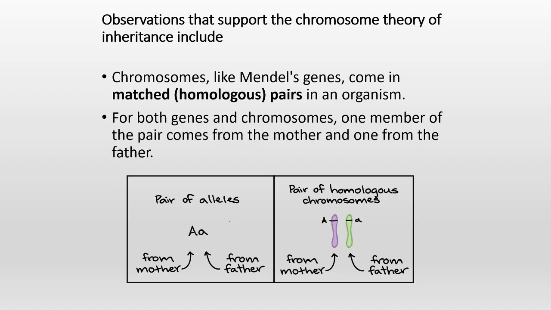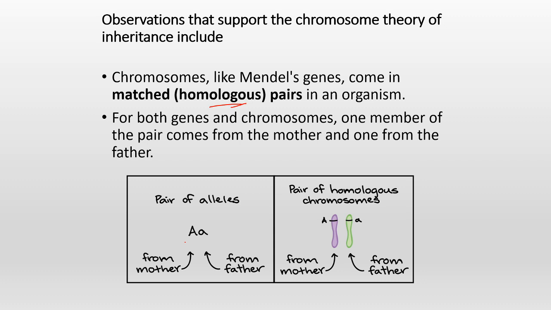So what is the conclusion? The conclusion is that the chromosomes, like Mendel's genes, come in matched pairs in an organism, that is homologous pairs in an organism. And for both the genes and the chromosomes, one member of the pair comes from the mother and another from the father.